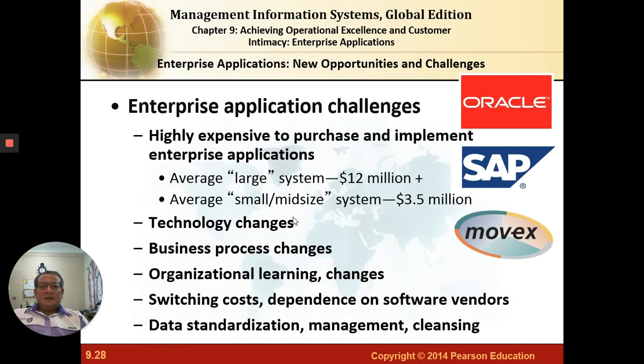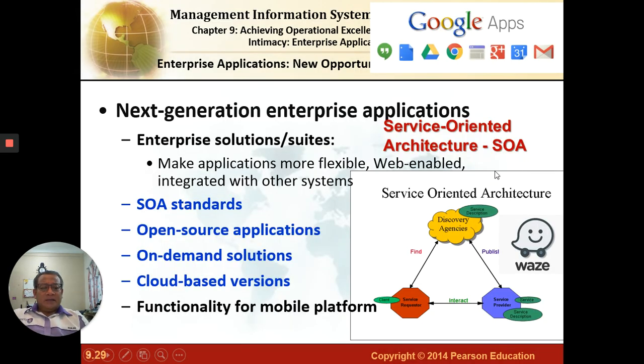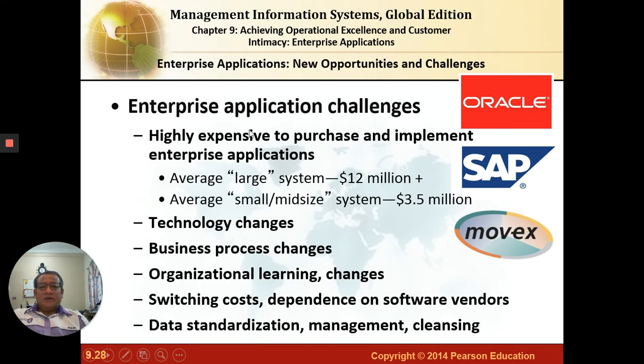There are several big software available in enterprise applications. So, for example, this kind of brand is quite available in the market, whether in Malaysia or in the rest of the world. For example, Oracle, SAP, and say Movex. However, the biggest challenge for this enterprise software is actually that the cost is very huge.